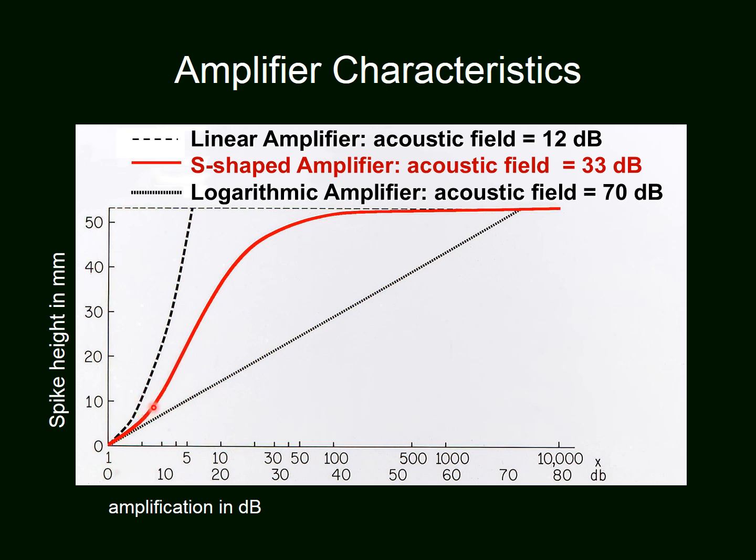For instance, the lower to medium high spikes react very quickly, like the linear amplifier, to changes in the amplification. The acoustic acuity is excellent. On the other hand, the upper and low ends of the curve slow down the changes of spike height, adding the needed acoustic field that the linear amplifier doesn't provide, and the logarithmic amplifier gives too much of it.